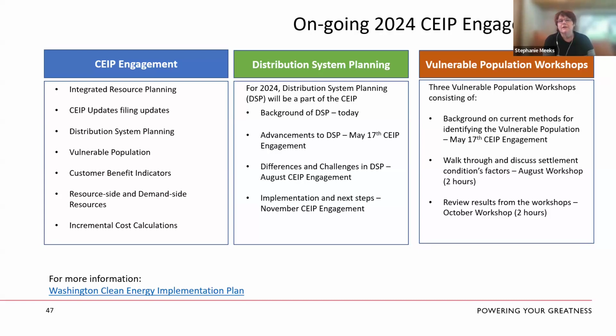The next one I want to bring up is the vulnerable population workshops. This is one of our settlement conditions from our 2021 CEIP. We're going to have 3 sessions, it looks like, for the workshops, and in our next CEIP, we'll have either Laura or Lee come forward and give some background and current methods that we're doing with our vulnerable population identification, and really give some content of what that entails and what we're doing currently.